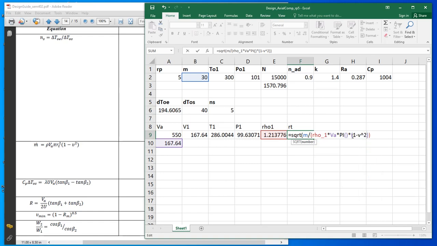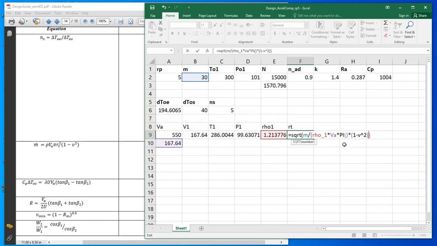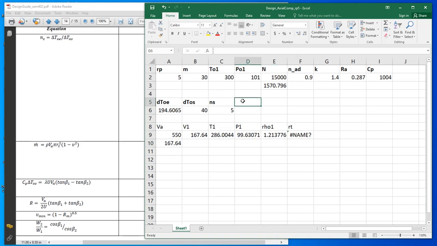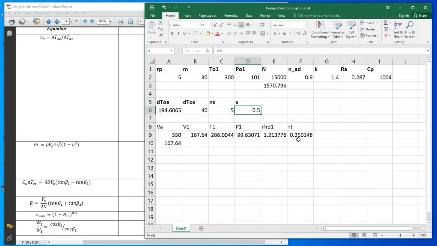It is going to give us an error because we have not defined our nu, the hub ratio. So let's take our hub ratio as 0.5 and give it a name, nu. Once you do that, you have your R tip, 0.250148 or approximately 25 centimeters.